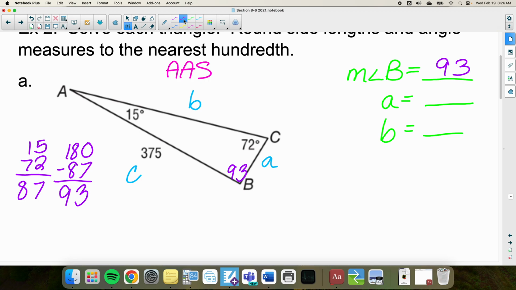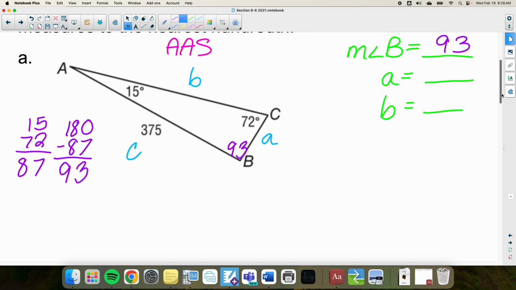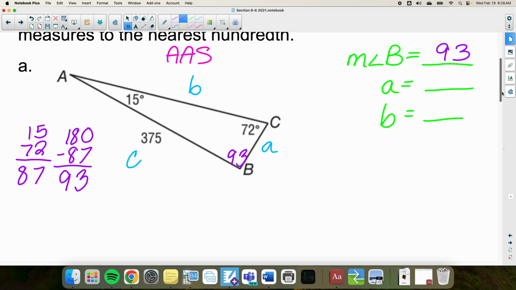But here's the thing. When you go to do law of sines, you need to know an angle and its opposite side. And if you notice, we know angle C and we know little c. So what that tells us is for law of sines, we're gonna start with sine of C over little c.